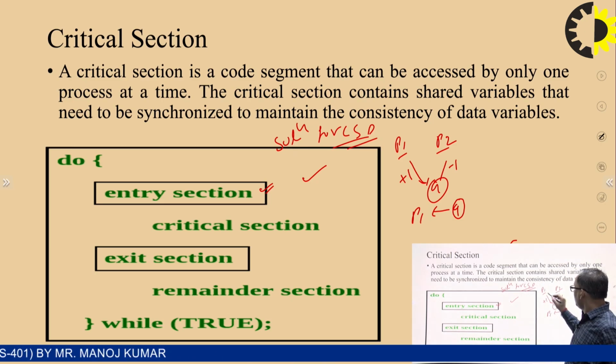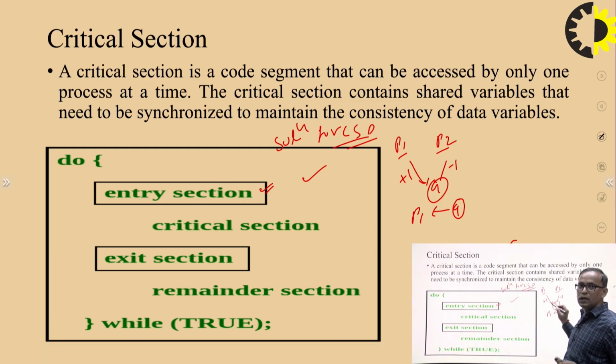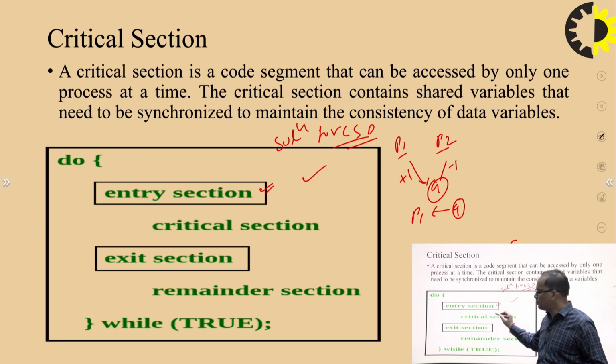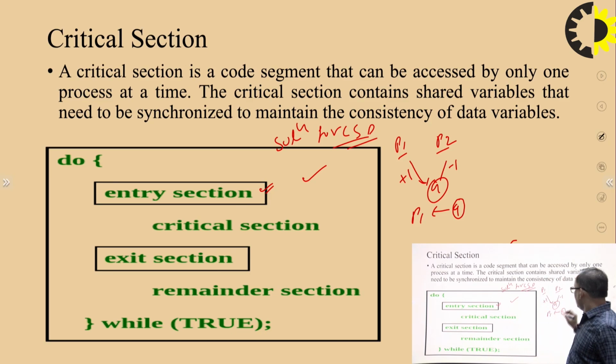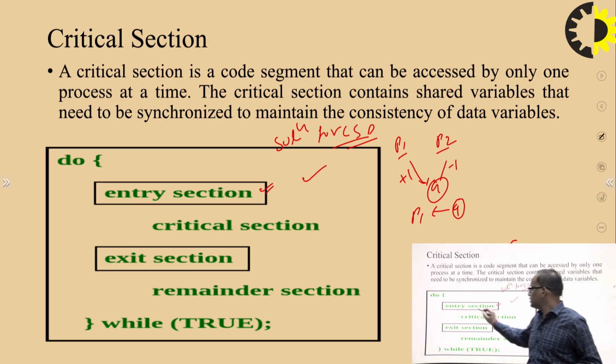For example, whenever P1 wants to access A, if at that time A is free, meaning P2 is not using A, then we will grant the permission, and process P1 will enter the critical section. If A is not free, because process P2 is using A, then process P1 will wait until P2 completes its task and frees A. Okay, so this is the entry section.